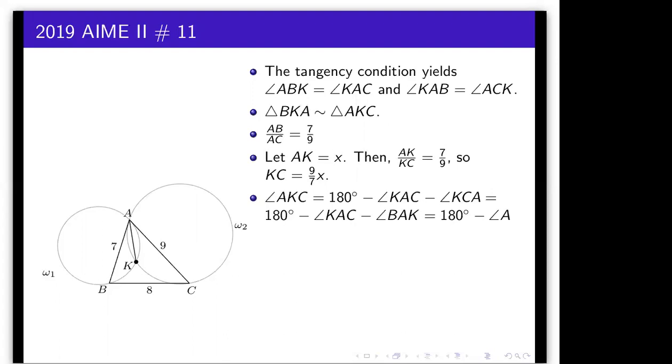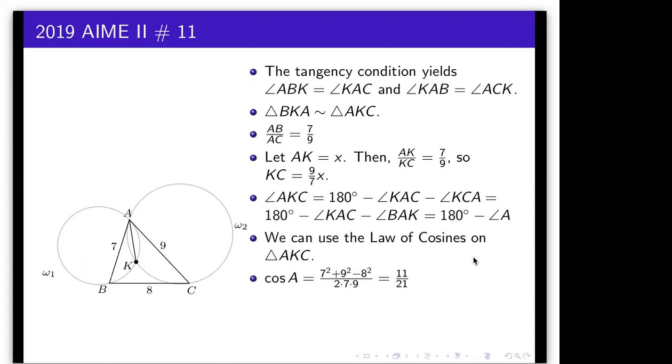And we have all of the side lengths of ABC, so we can determine what cosine of A is. Cosine of A is 7 squared plus 9 squared minus 8 squared over 2 times 7 times 9. So we get 11/21, which means that cosine of AKC is negative 11/21.